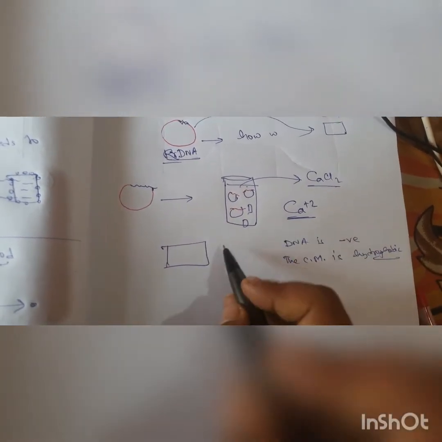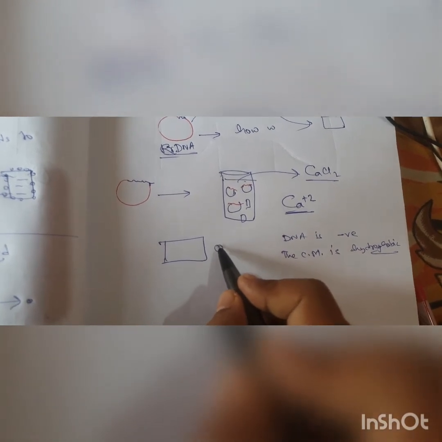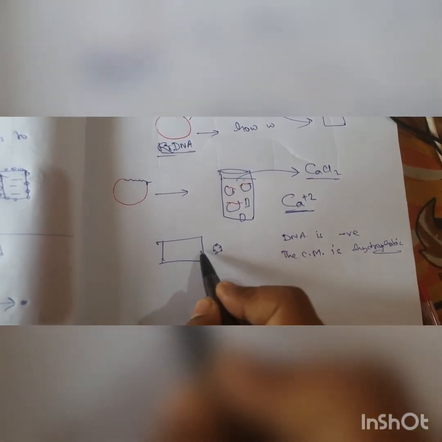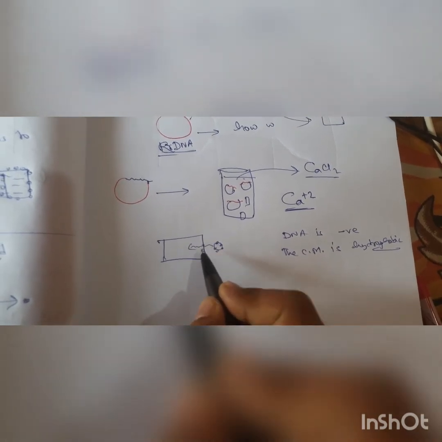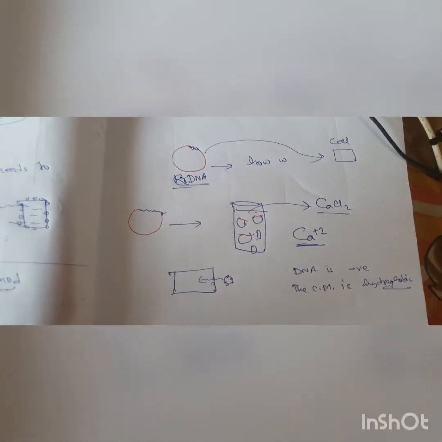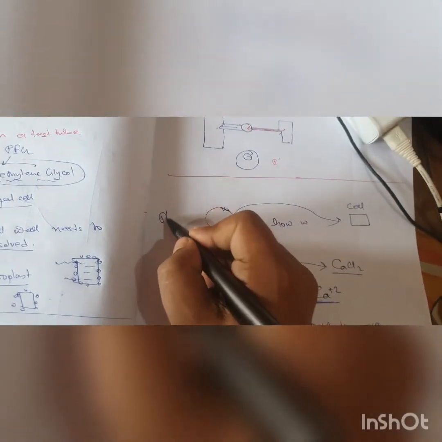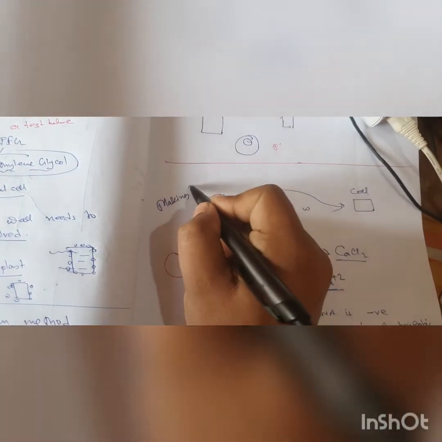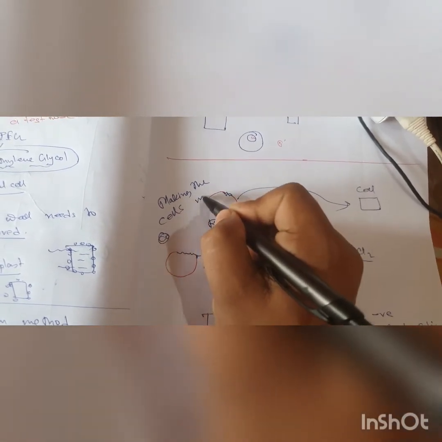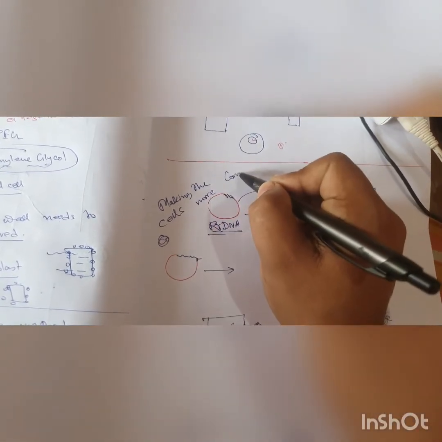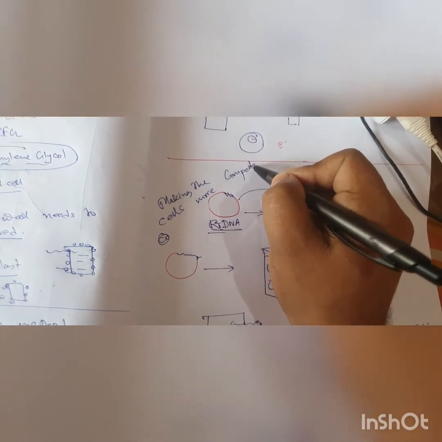So when you treat with Ca2+, the vectors get loaded with Ca2+, and there is also creation of pores through which the vectors can easily enter inside the cell. This is called making the cells more competent, or increasing the competency of the cells.